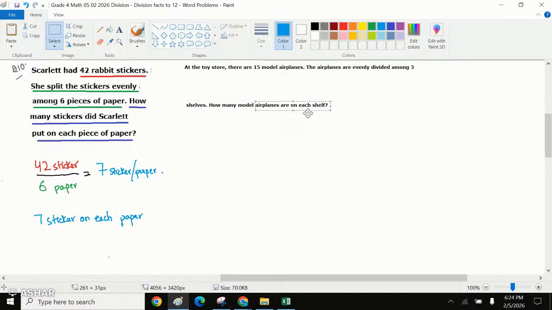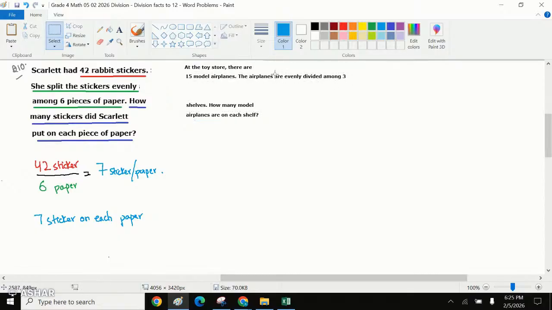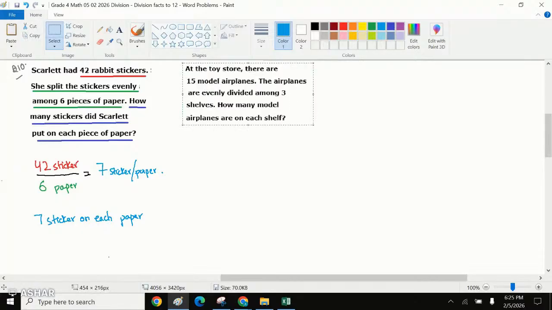And they're asking us how many models of airplanes, okay? There are 3. The planes are evenly divided amongst 3 shelves. How many models of airplanes are on each shelf? For question number 11.